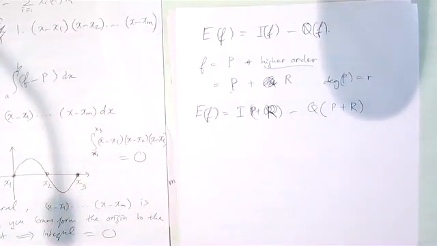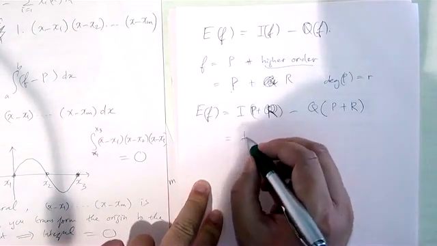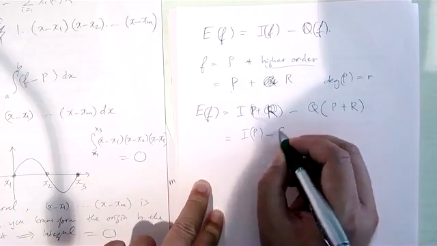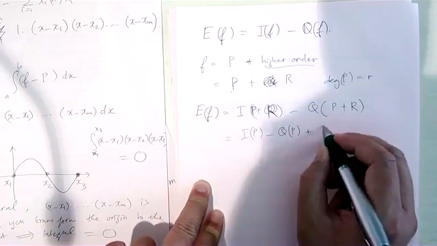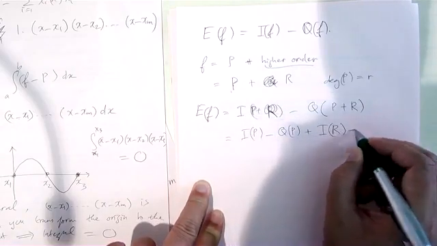Okay. And now you can split this into the integral of p minus the quadrature of p, plus the integral of r minus the quadrature of r.